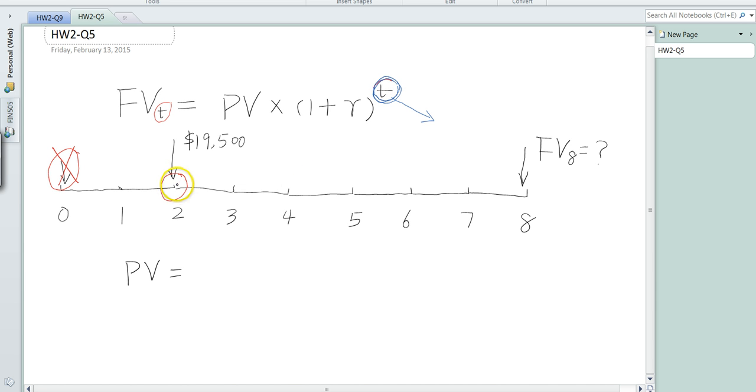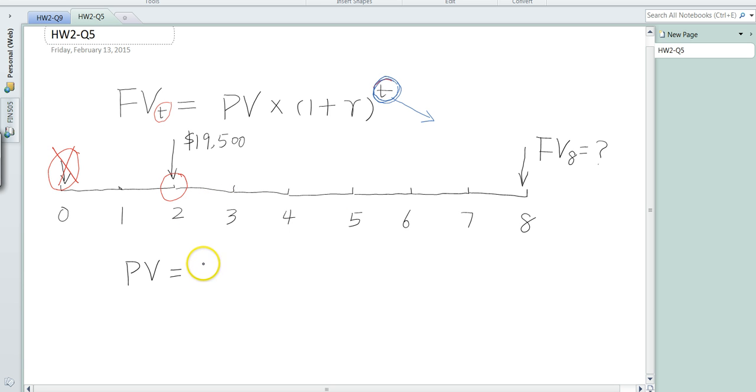Because when you stand at year 2 and look forward, there are only how many years? 8 minus 2, which is 6 years to go to reach year 8. So the power here should be the number of years between the year when you receive the cash flow and the future date. In this case, it's 8 minus 2, which is 6.